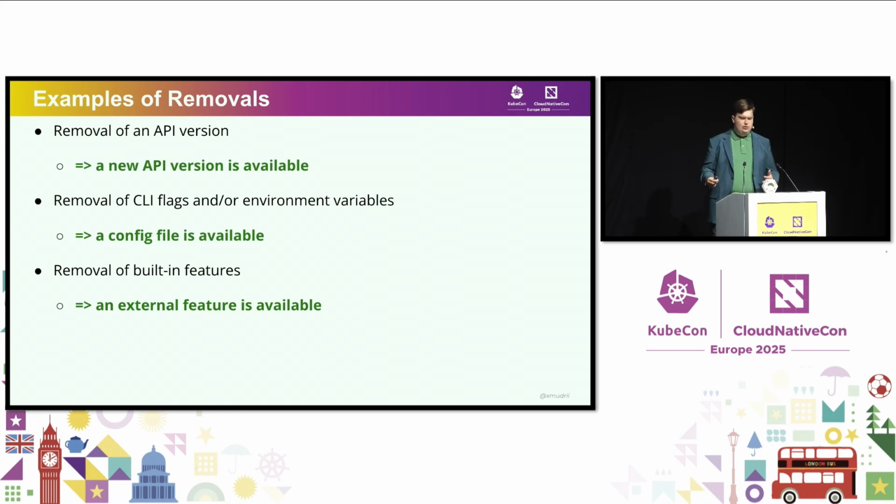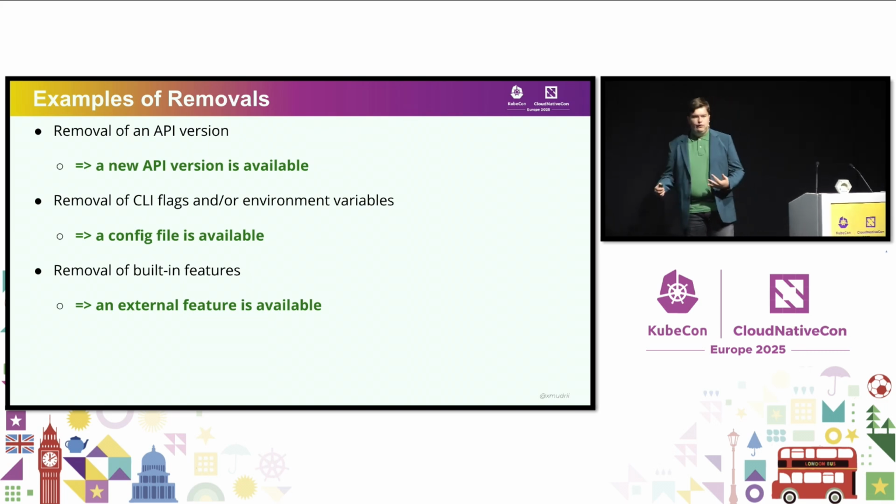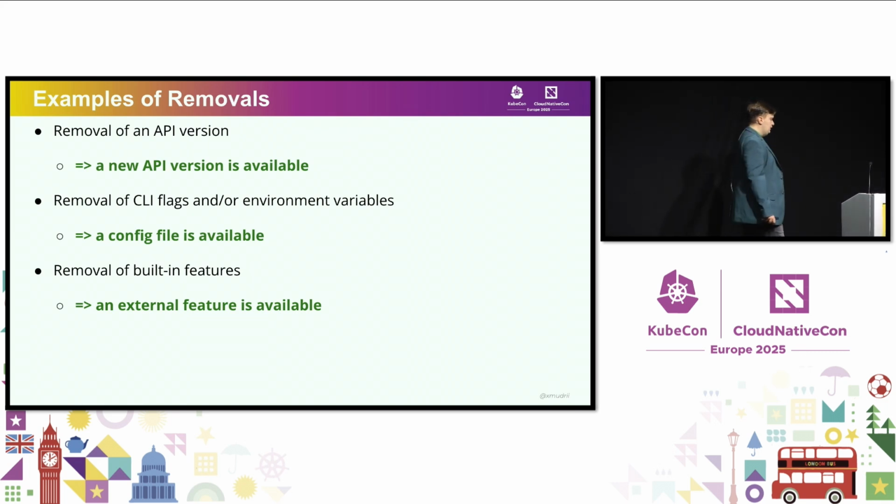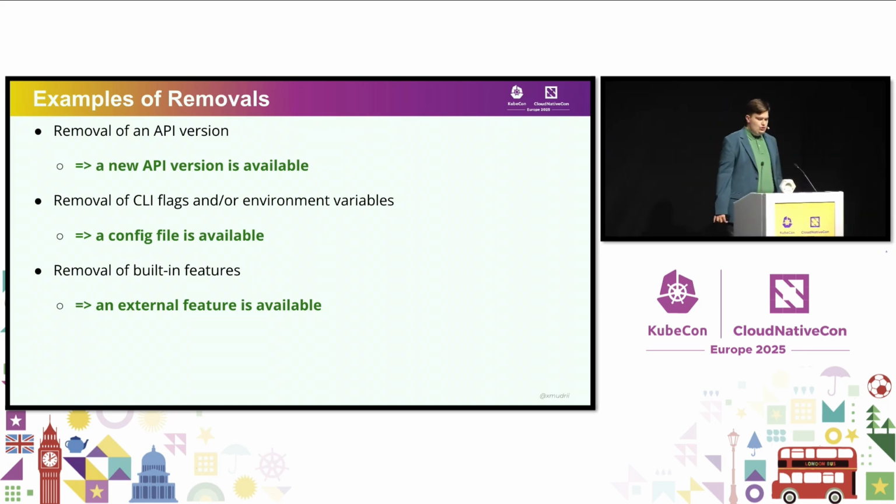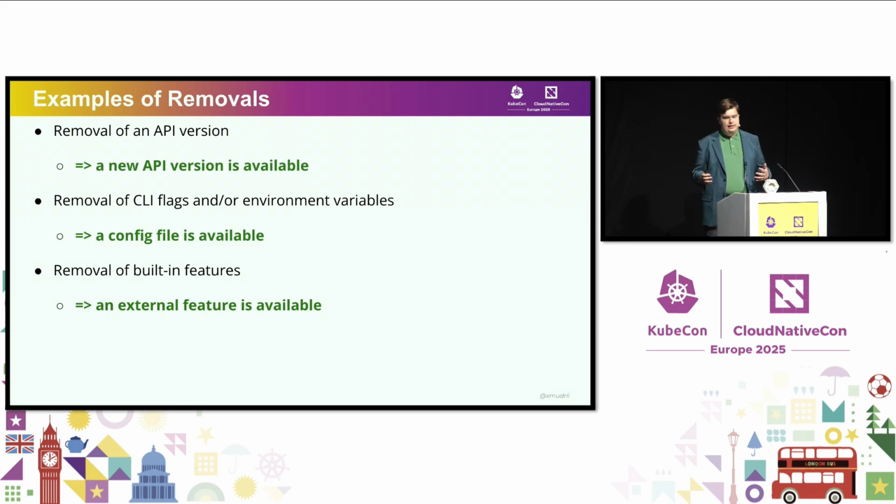The most notable example there is, for example, kubelet. We have similar for kube-proxy and for some other components, where CLI flags have been removed in favor of a config file. And the other one is removal of built-in features. In a lot of those cases, we have an external feature available. Perhaps the most notable example here is Dockershim.